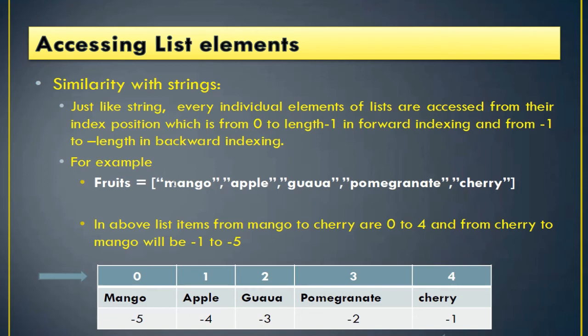In forward indexing, mango is 0, apple 1, guava 2, pomegranate 3, and cherry 4. But in backward indexing, from the last, cherry is -1, pomegranate -2, guava -3, apple -4, and mango -5. So you should remember, in forward indexing we consider from 0 to length minus 1, and in backward indexing we count from minus 1 to the last index.